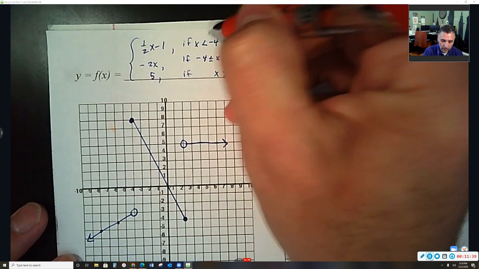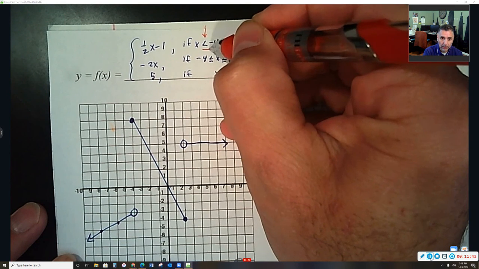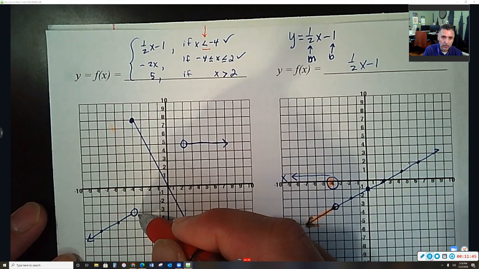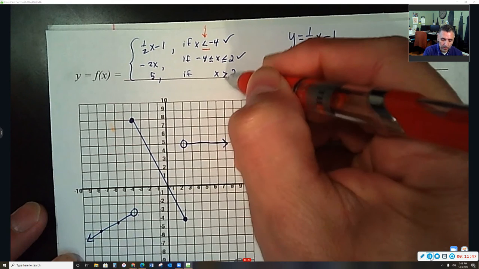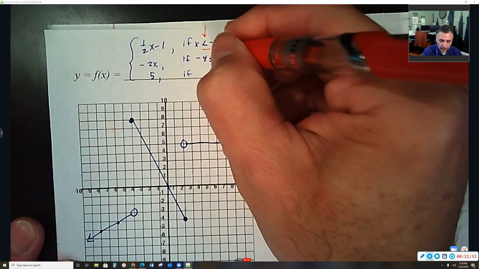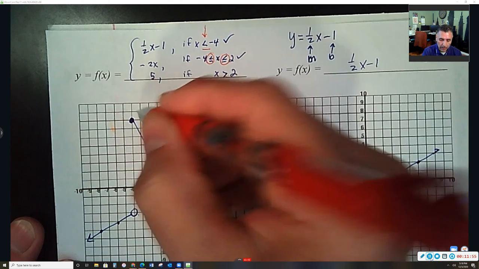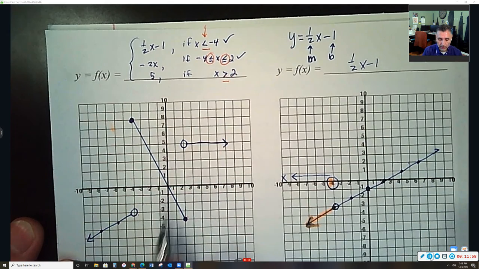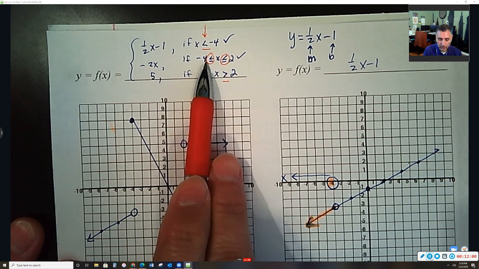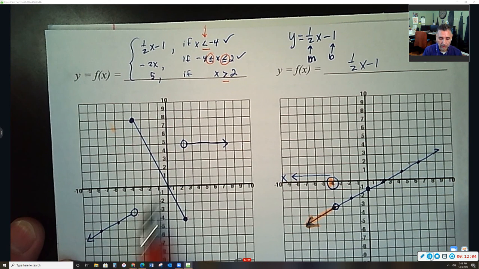If you look at this here, because it doesn't have the line underneath, that's why it's open. Same thing with this one. This one does not have the line underneath, so it's open here. These two have the lines underneath, so those two are closed, right? For this function, it's closed and closed, closed and closed, and then these are open.